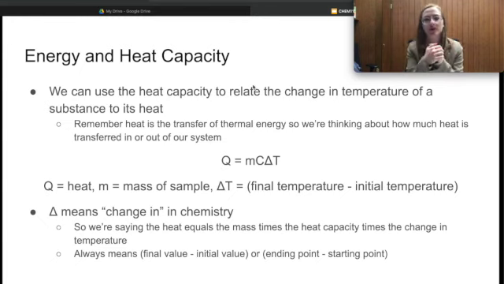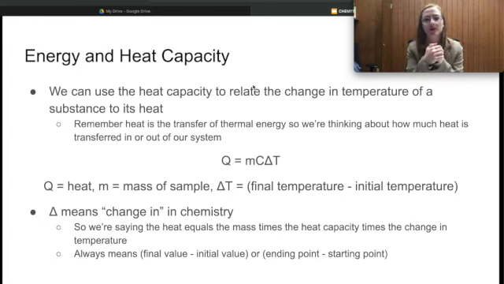We're also told at the end of the problem what the specific heat of water is. When we're calculating specific heat and looking at different kinds of samples, you either will be given the heat capacity or you should be able to Google it and look it up. If you're told that it's iron, for example, and you don't know the specific heat capacity of iron, you can just search that information.